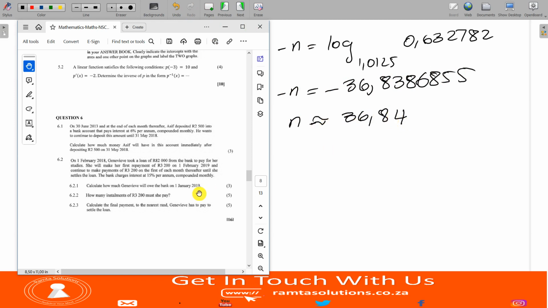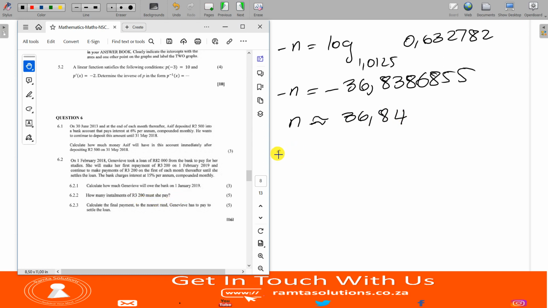So as you can see, we can say n is equal to approximately 36.84. Now remember, the question was saying how many installments of 3,200 can she make? She can make 36 installments of this. This decimal implies that the last installment will be less than 3,200.